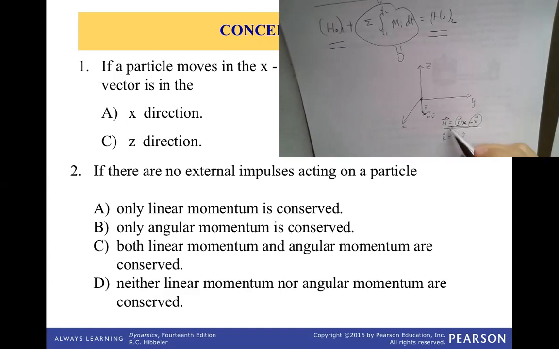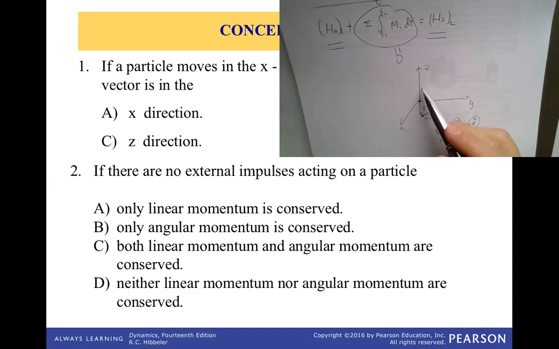So in this case, if the object is moving in the xy plane, then the angular momentum has to be in the z direction. It could be either positive z or negative z, but it's going to be in the z direction. All right, so that one is going to be C.